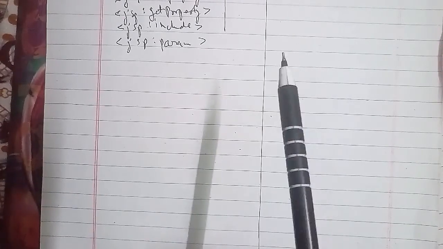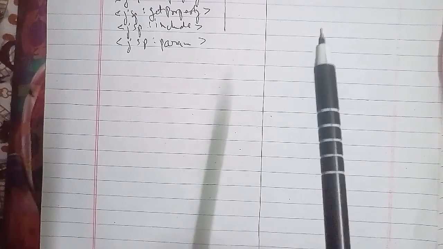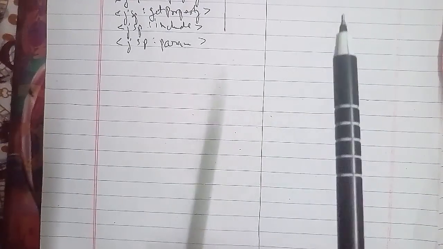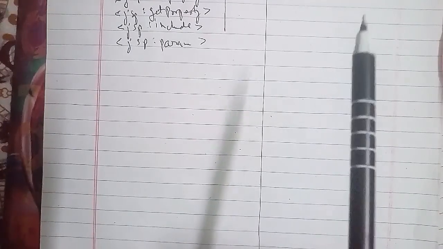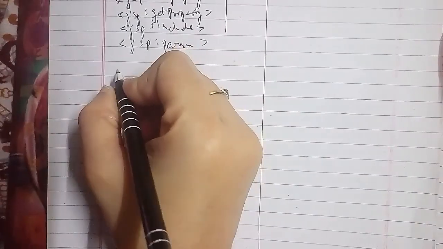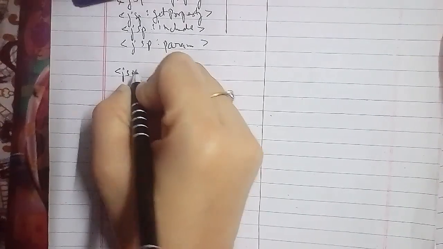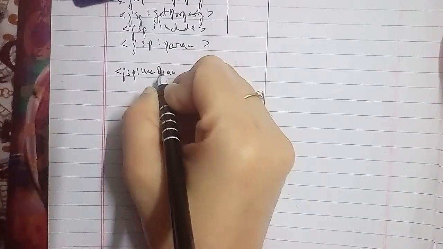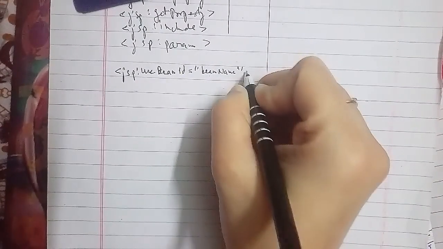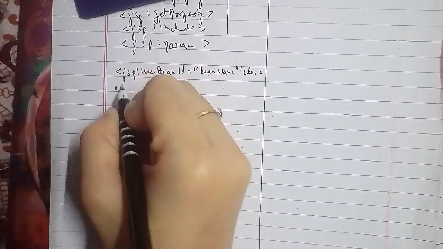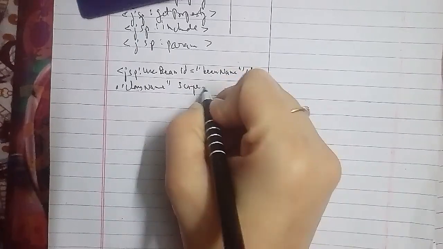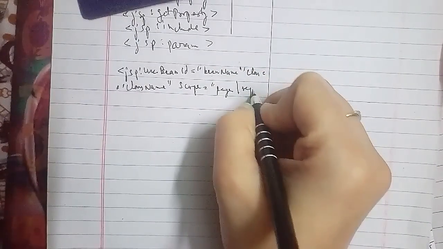for the JSP page with an example. For interacting with Java bean components, JSP uses the jsp:useBean action tag, and the declaration of the bean in the JSP pages is as specified below: id equals bean name, class equals class name, scope equals page, request, session, and application.